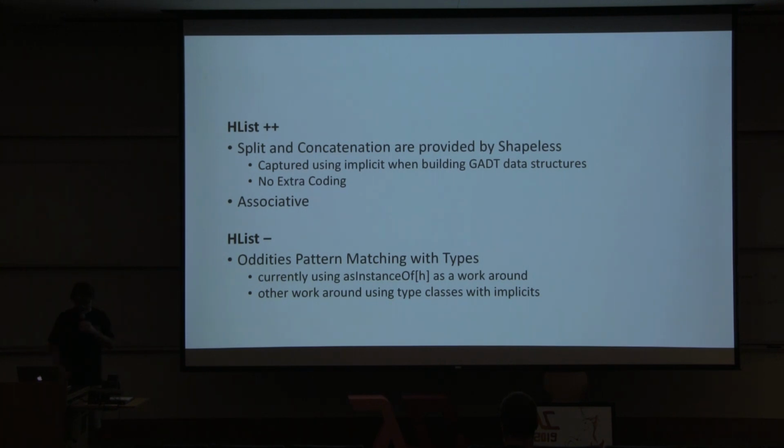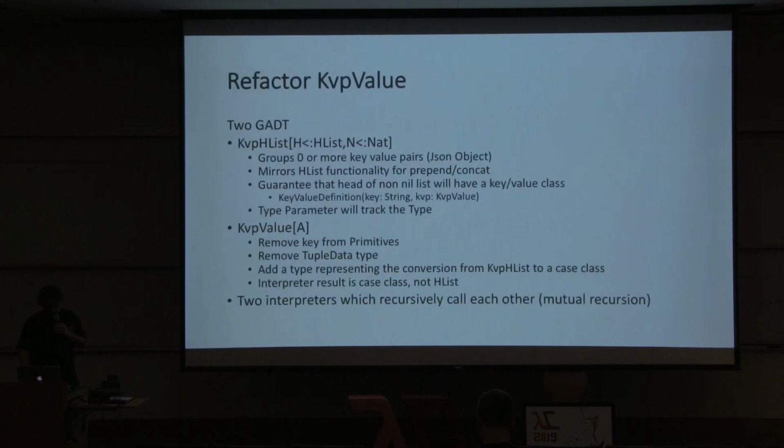For instance, I'm using asInstanceOf in a few areas where, for some reason, the Scala compiler can't quite figure it out. People call this, I think, a Scala GADT skolem or something, or Skolem. It can be hard to work with in Scala.